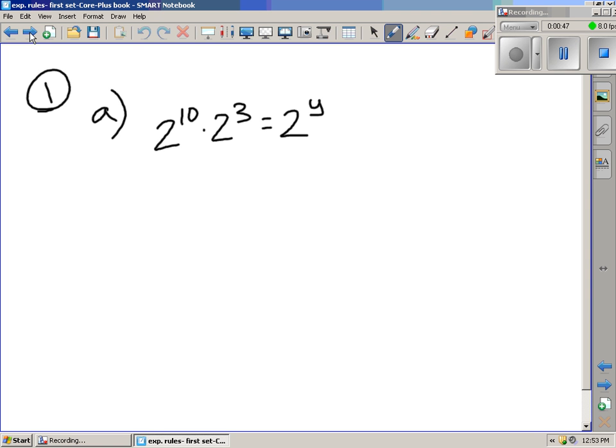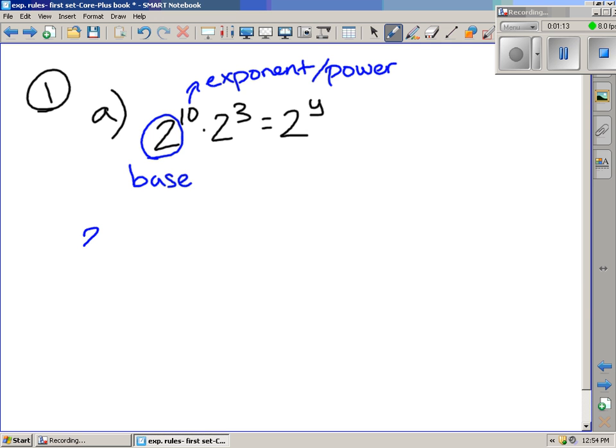So 2 to the 10th power has a base of 2, and it has an exponent of 10. We also call this a power. So just to review what you already know about exponents and bases: the base tells us what we're going to write over and over again, and the exponent tells us how many times we're going to write that value.